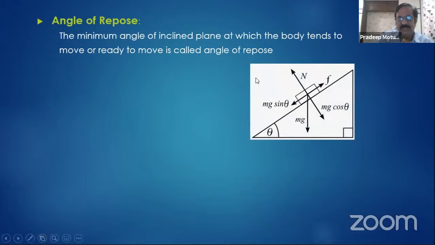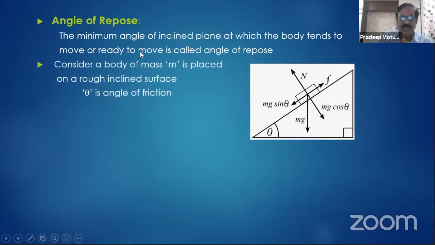Have a look at the diagram. It is an inclined plane. A body is kept on the inclined plane. Now just imagine it is at rest on the inclined plane. Consider a body of mass m placed on a rough inclined plane where theta is the angle of friction.